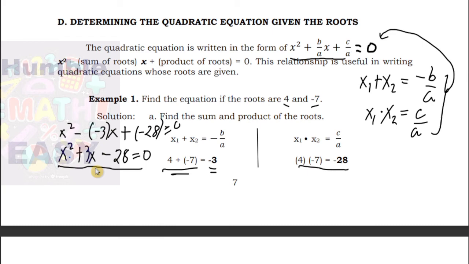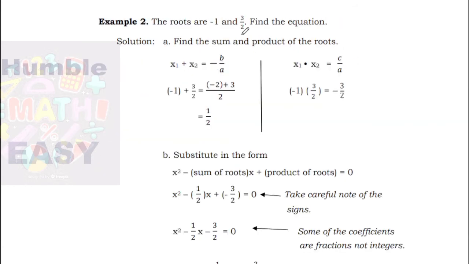So let's proceed now to number 2. Given the roots, such as we have here, negative 1 and 3 halves, we're going to find the equation. Since we have 2 roots, it means that we have a quadratic equation as we go through with that given.